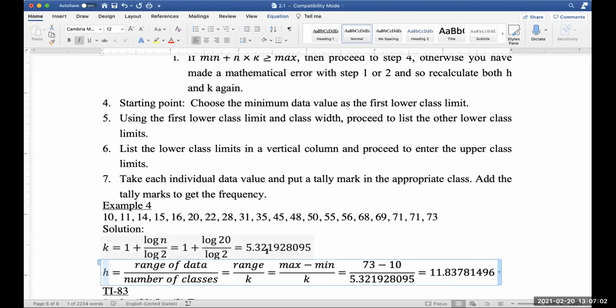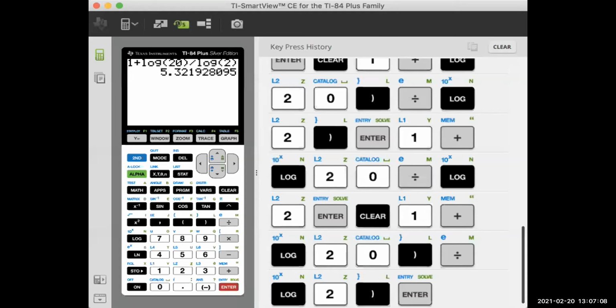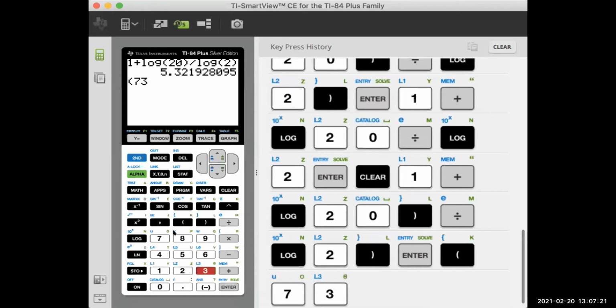And so let's go back to my calculator. On the TI-83, it's easy to do something like this. So I'm going to do parentheses. My maximum number here is 73. I'll subtract from it the minimum number, which is 10.